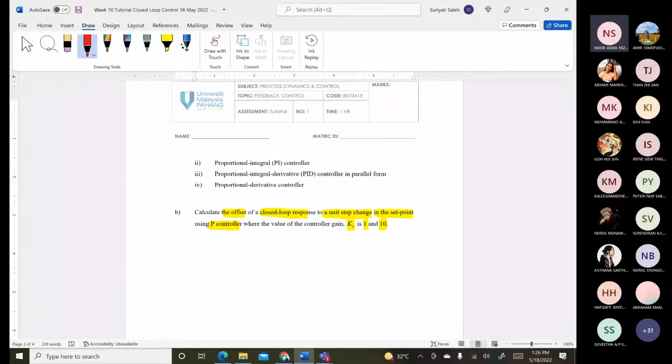So for this part, we recall what is the offset equation. Offset equal to y prime sp infinity minus y prime infinity.